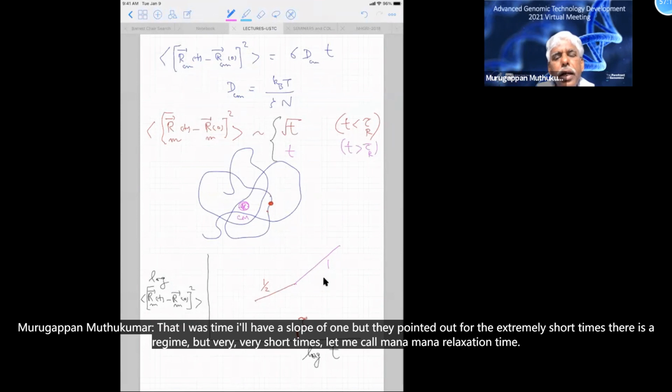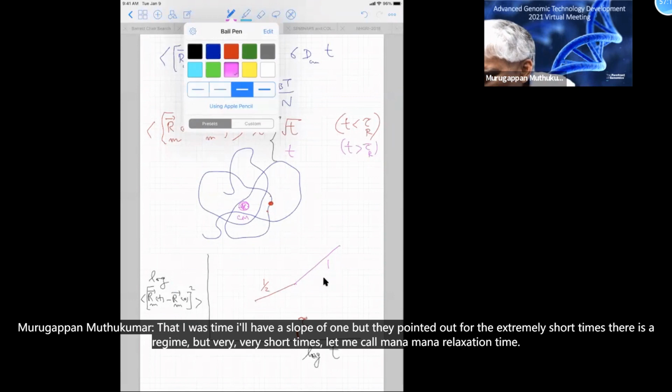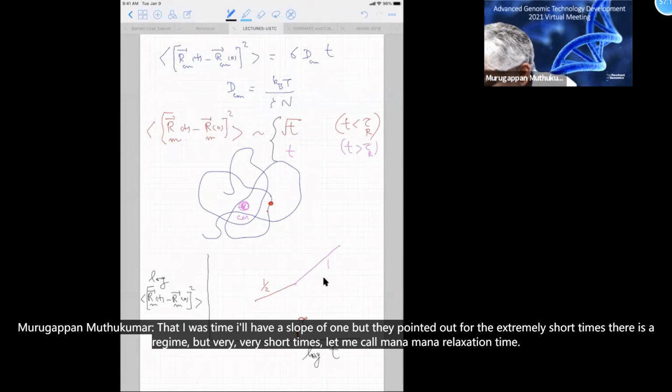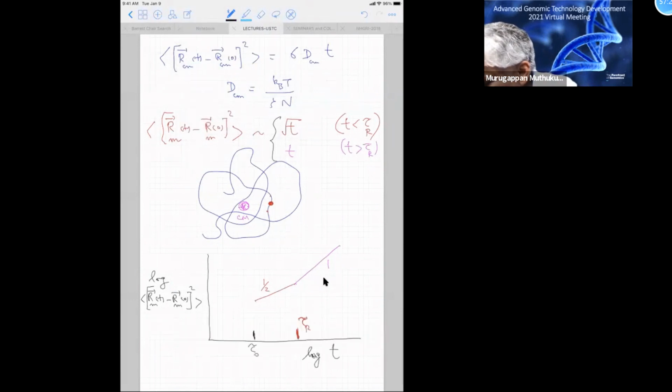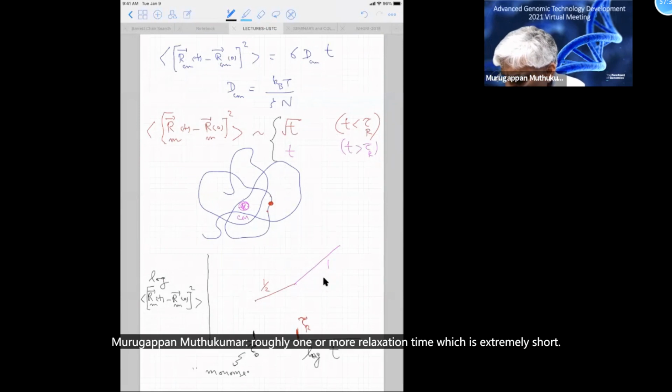But as I pointed out, for extremely short times, there is a regime I will call the monomer relaxation time, which is extremely short.